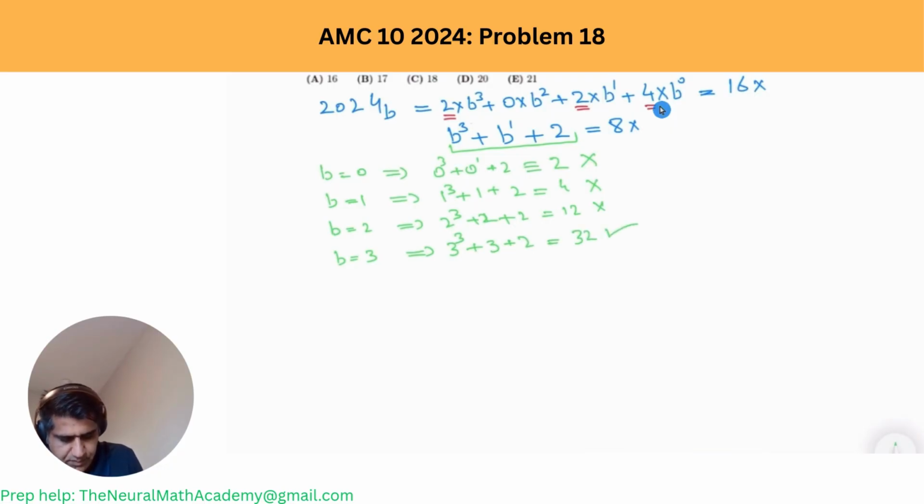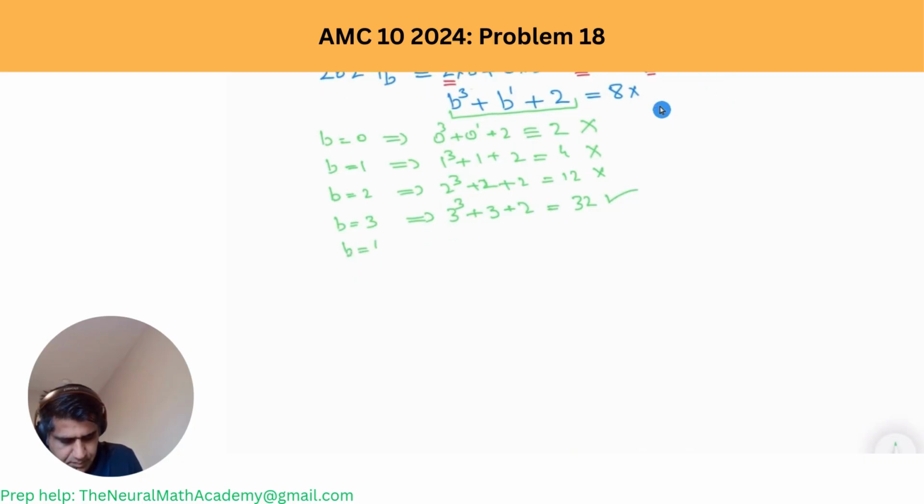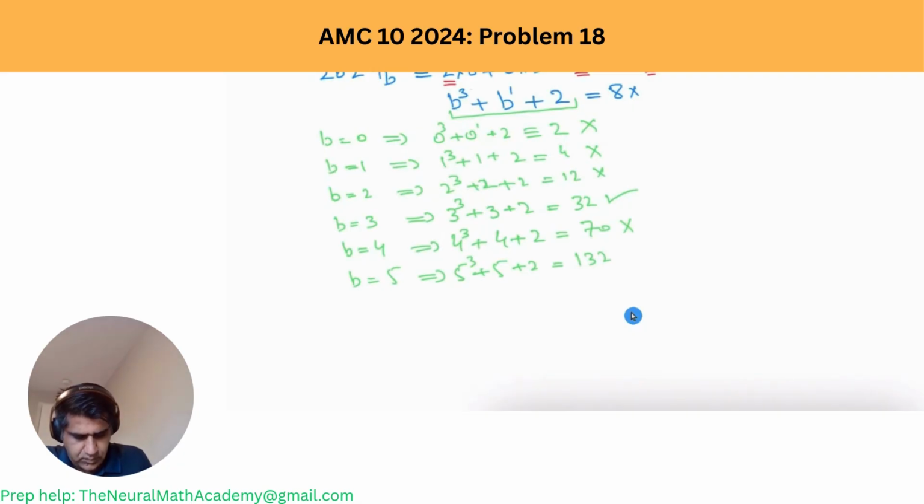Now I will check 4. I get 70. So that is also not divisible by 8. I will check 5. So that is now equal to 32. So this is not divisible by 8.